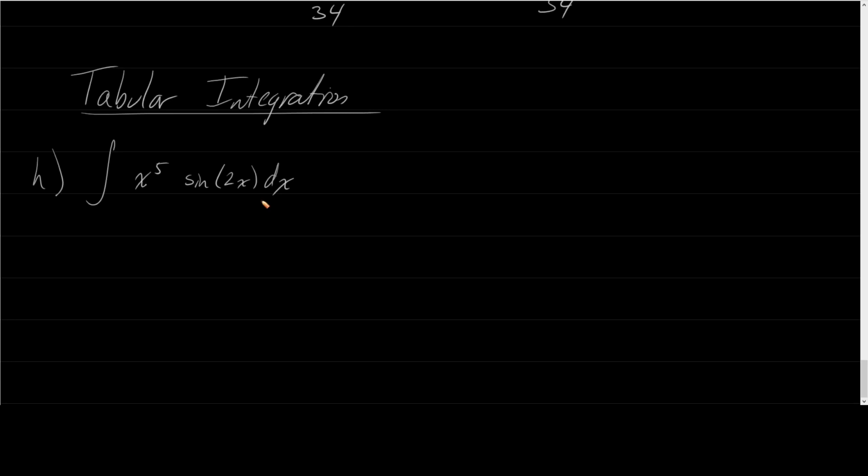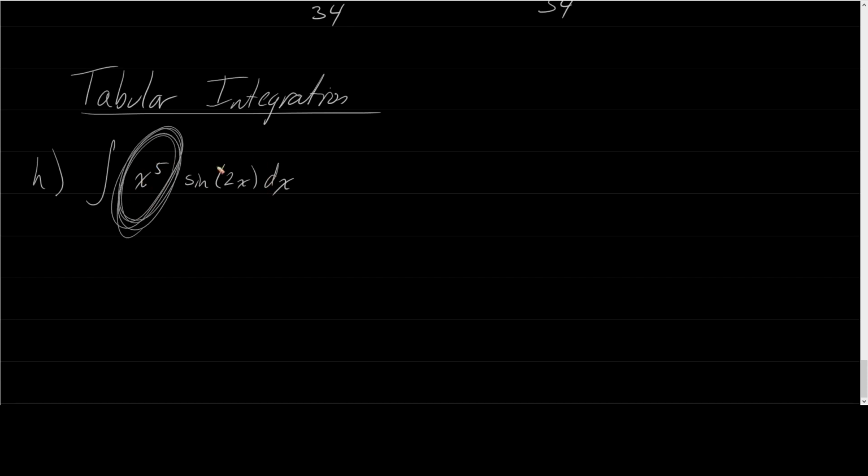The scenarios where it works are where we've got a function that has a terminating derivative. Again, that is not a real word, it's a word that I made up. By terminating derivative, I mean that if I take enough derivatives, the function goes away. Here, if I take enough derivatives of x to the fifth, I'm going to end up at 0.